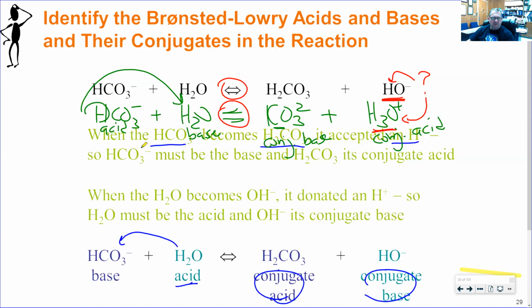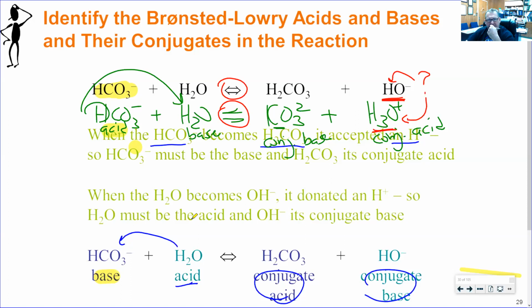And we worked on this system with the bicarbonate, and we said the bicarbonate system could be either a proton donor in this case, or it could be an acceptor. It just depends on what it's working with. So bicarbonate worked as an acid here by donating its proton. It can work as a base as well, where it accepts a proton, just depending on who it's reacting with in the system.